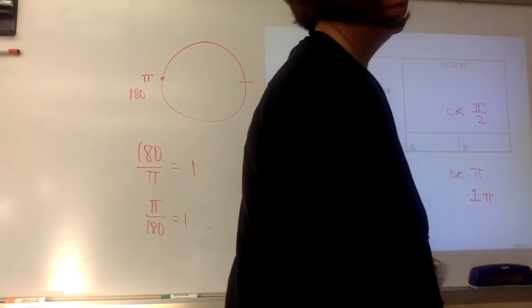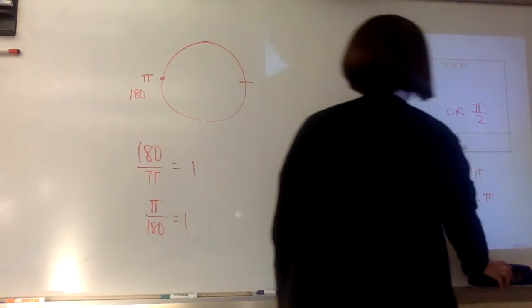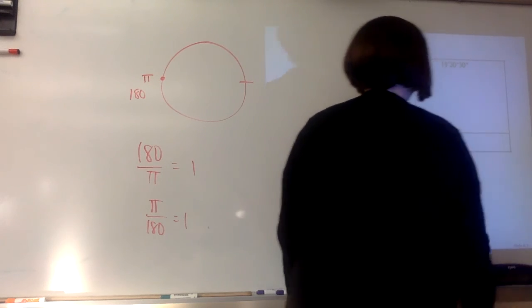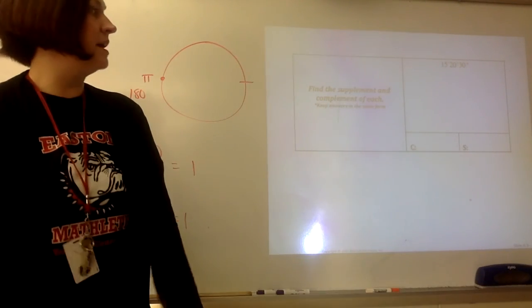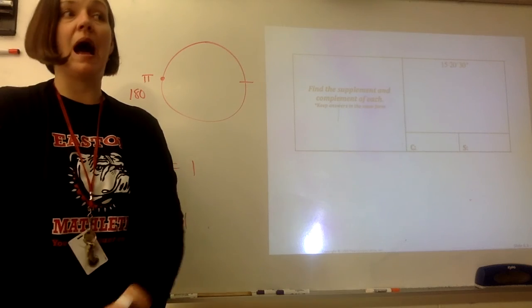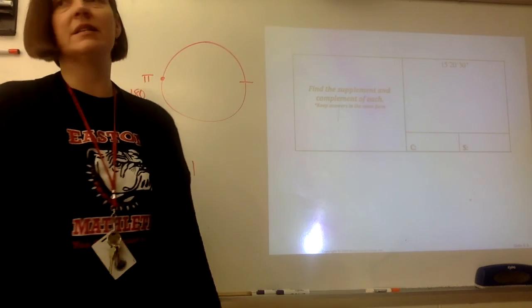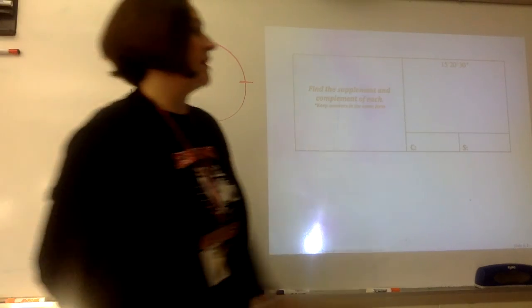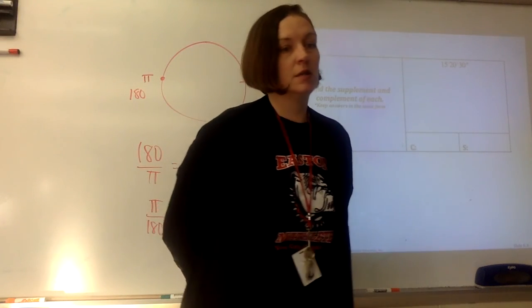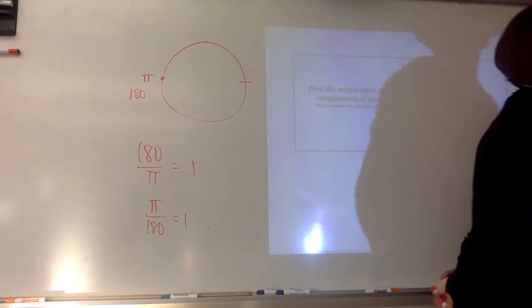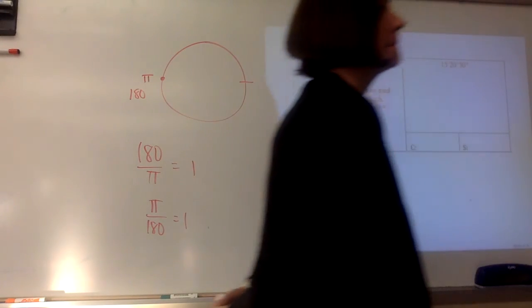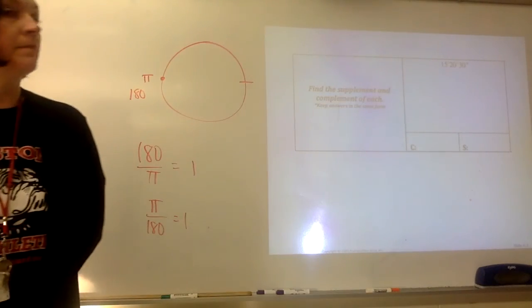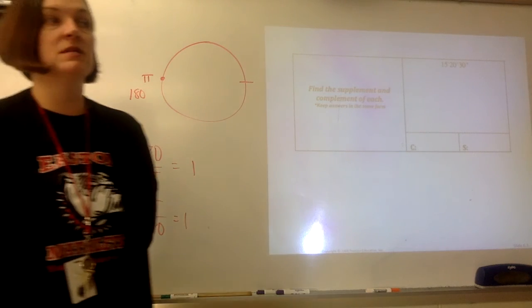All right, here we go. Calculator. How do I find the supplement and complement of each? I gave you DMS, so guess what you get to give me? DMS. Use your calculator. Find the complement. Put it in, 90 minus blah, blah, blah.